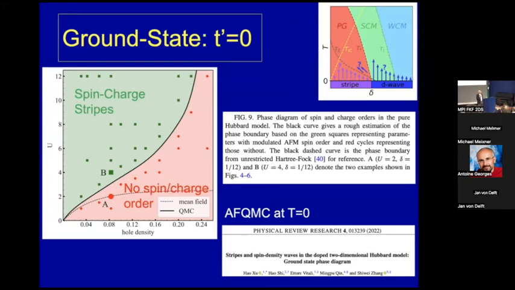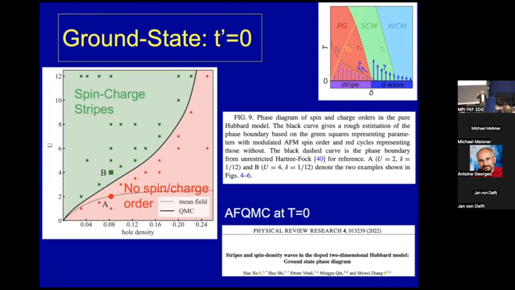So what do we know today about the ground state of the two-dimensional Hubbard model with, say, T' equals 0, just to start modestly? So this is a phase diagram as a function of U and hole density away from half filling for 0 temperature. And this phase diagram is actually not intended to answer the question, is there superconductivity?